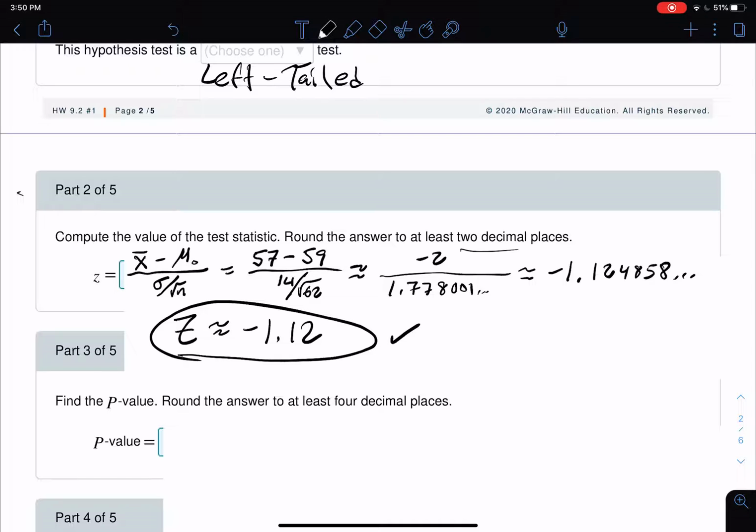The way you get the p-value is you take your z-score and you convert that into area. It's area to the left of z, and we're doing a left-hand tail. That helps us understand that. But here's the thing: the name p-value comes from probability.